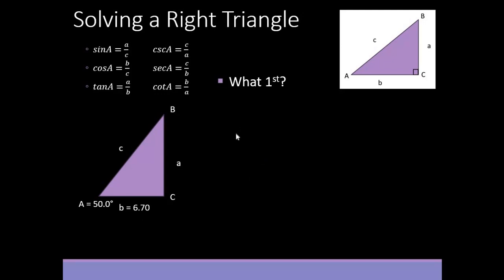Well, the easiest thing to figure out is that angles A and B are going to add up to 90. So we can do what we talked about before and say 90 minus 50.0 equals, and that is going to give us 40 degrees.